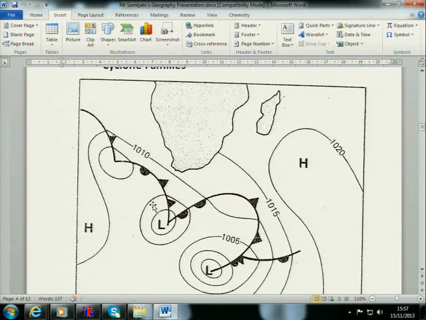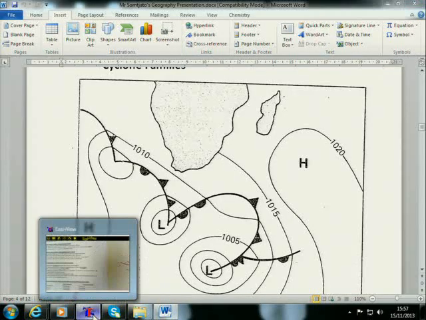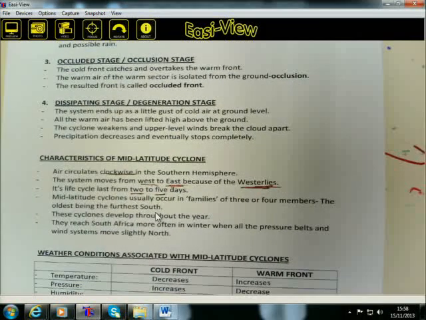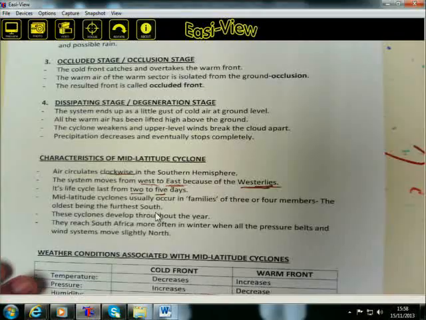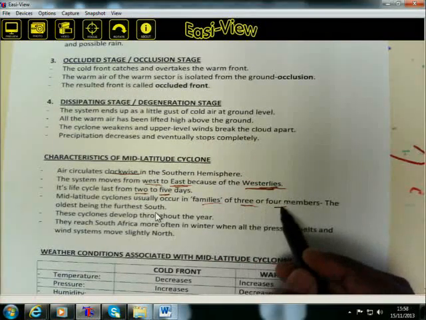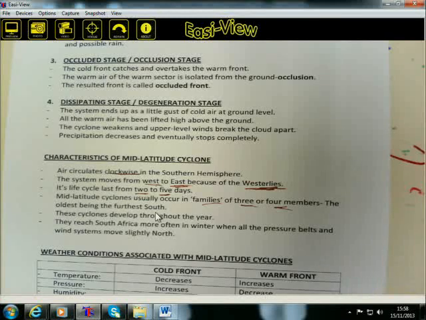Now you can see that the 3 members of the mid-latitude cyclones are in different stages, meaning that this one came first. The last one is this one. So we are therefore saying the mid-latitude cyclones occur in families of 3 or 4 members.